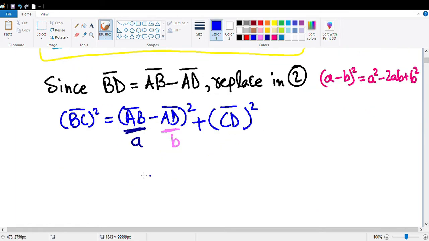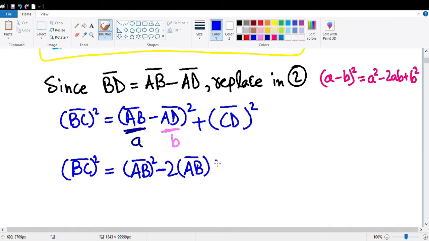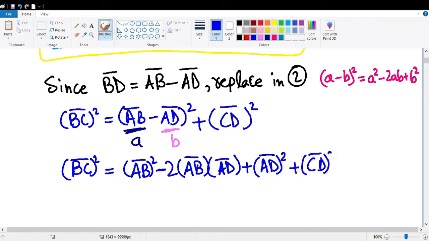Nothing difficult. When we open the square, BC square is equal to AB square, minus 2 into AB into AD, plus AD square, plus CD square. We know it was there in the equation.